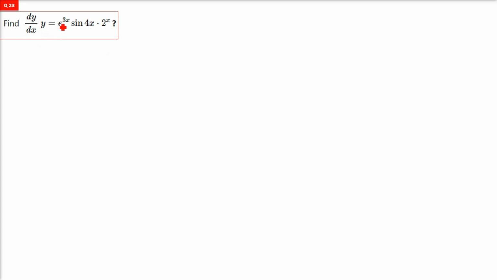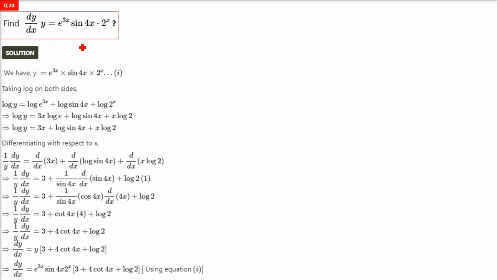Now dy by dx of this term, so this is all clear actually, you just have to take log. There are 3 terms, just add them with log. So we have y, I am taking log y now. Log y equals log e to the power 3x plus log sin 4x plus log 2 to the power x. So a, b, c, 3 terms are there. So log a plus log b plus log c.